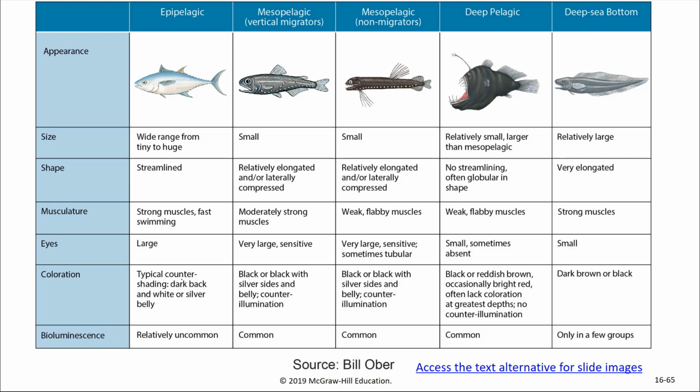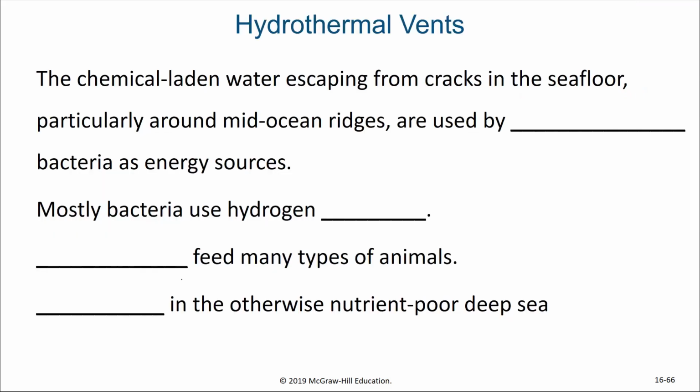One last community to talk about in the deep sea are those found at the deep-sea hydrothermal vents. Here, chemical-laden water escapes from cracks in the sea floor, particularly around mid-ocean ridges. These are used by chemoautotrophic bacteria as a form of primary production.